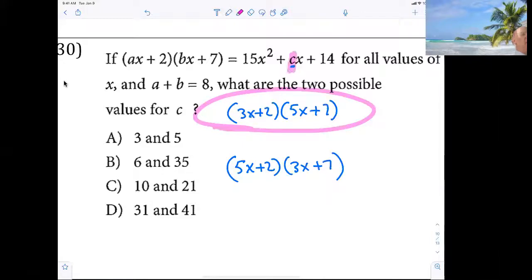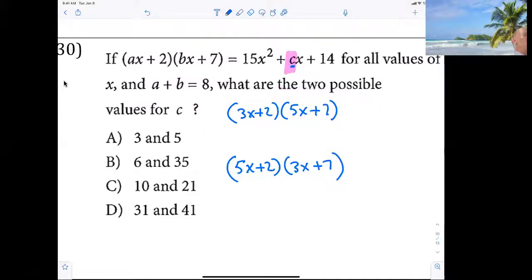C is now the number in front of the X. C is the number in front of the X. How are you getting 15? What is it? Come on, guys. Tell us. Oh my goodness. I'm trying to find C, which is the number in front of the X.